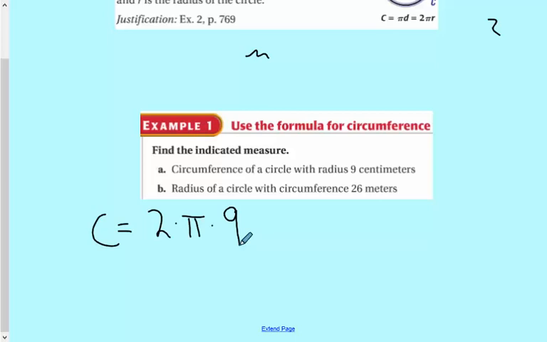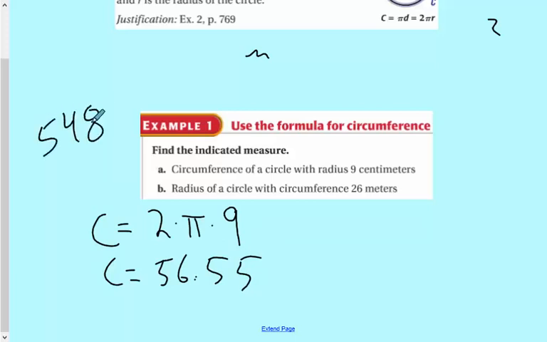As the book mentioned, we're going to be using the pi button, so I'm going to have my calculator handy. I'm going to type into my calculator 18, and then use the actual pi button, and we have 56.548. I'm going to round the 8, so it was 548 on my calculator, round that up to a 5 there. Round to the nearest hundredths, as they mentioned.